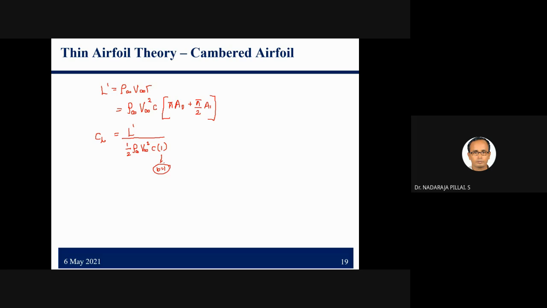D is the span length, right? So here rho infinity V infinity square gets cancelled, and hence we can write this directly. So rho infinity V infinity square into C. So we can write this as pi into 2 A naught plus A1.